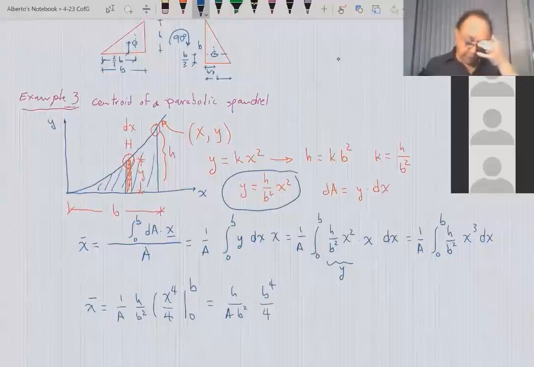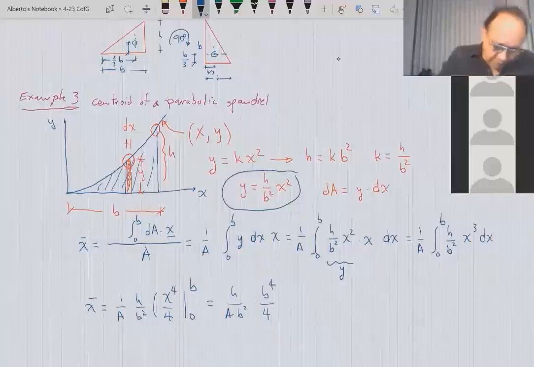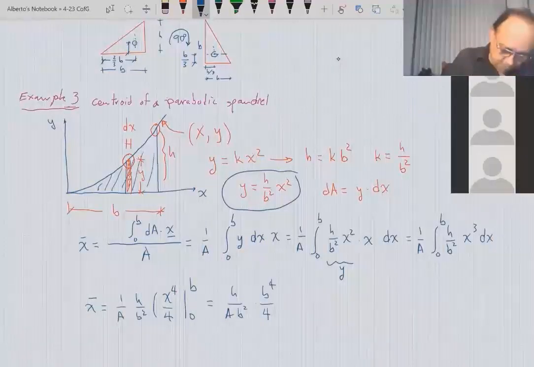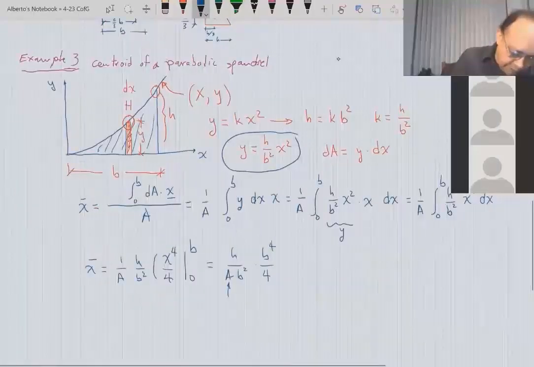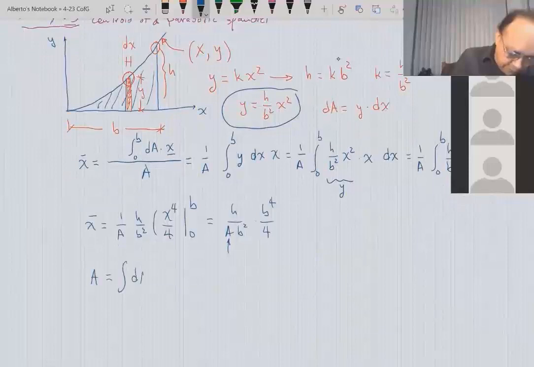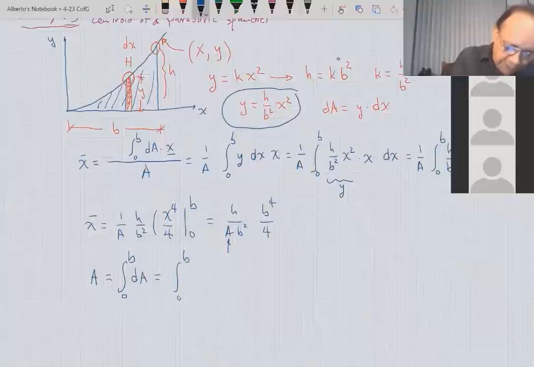Did I miss anything? I hope not. Now we need to find A, right? We need A. We can find A as the integral of dA, right? So it will be the integral from 0 to b of dA, and dA is again y dx.